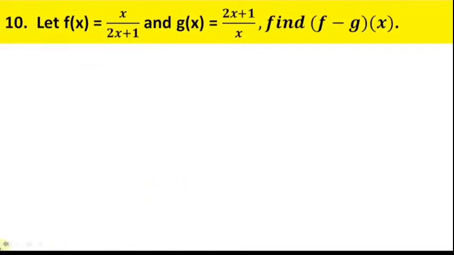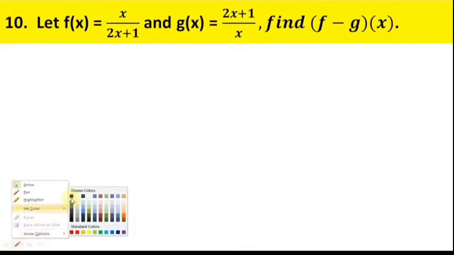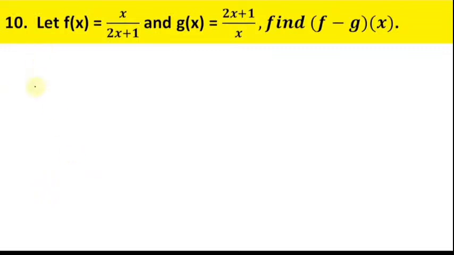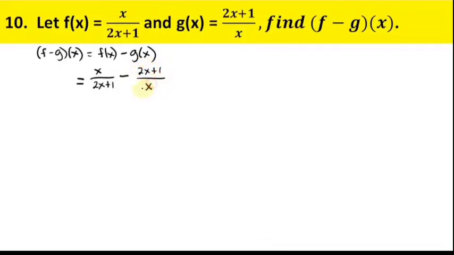Number 10. So we have f minus g times x equals f of x subtract g of x. So equals x over 2x plus 1 subtract 2x plus 1 over x.